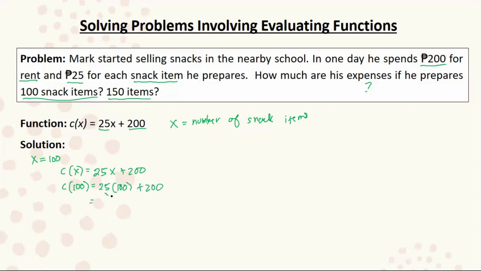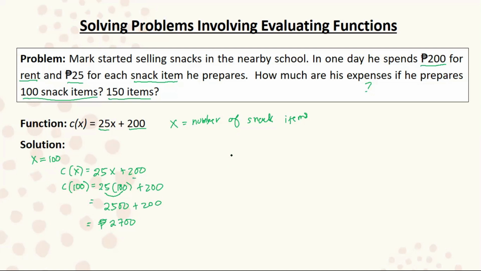Then multiply 25 by 100, it's 2,500 plus the rental fee. Therefore, it's 2,700. Ibig sabihin, pag 100 snack items yung piniprepare niya sa isang araw, 2,700 all in all, kasama na yung rental fee.